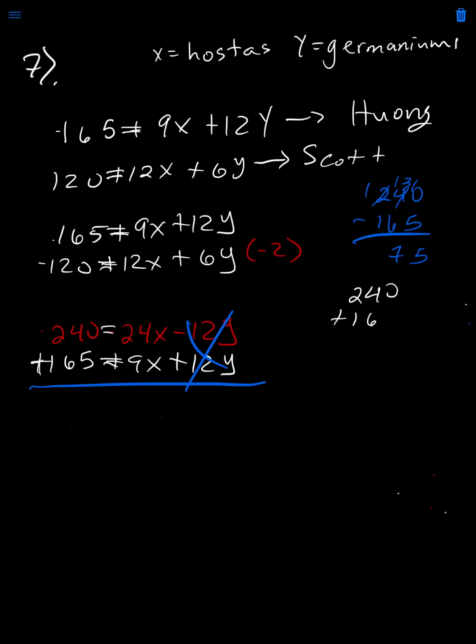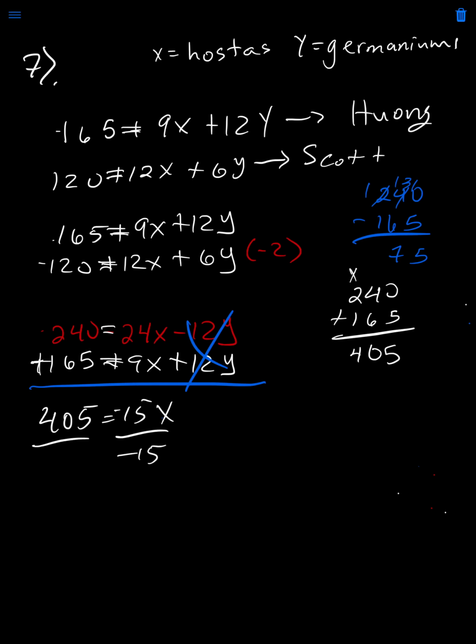It still cancels out, that's still good. So we actually have 240 plus 165, which is 405, equal to negative 15x.